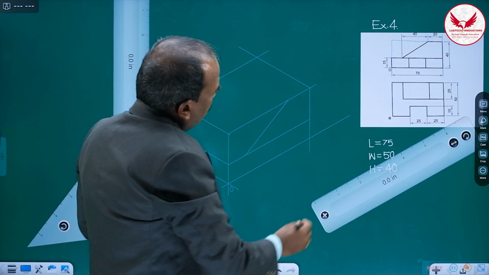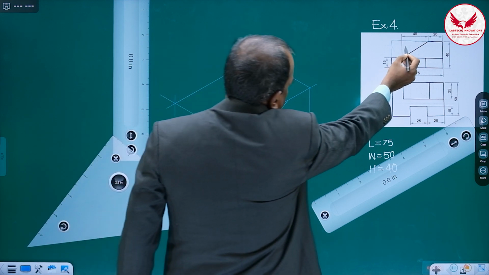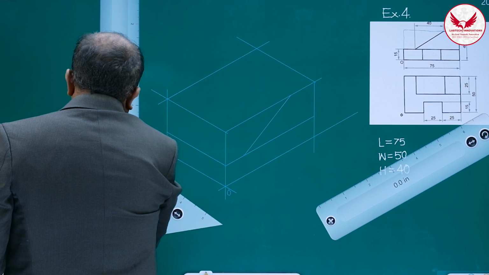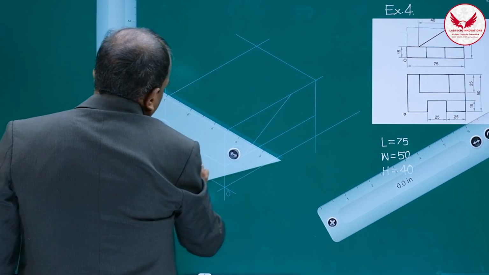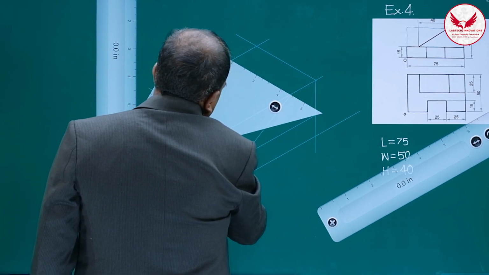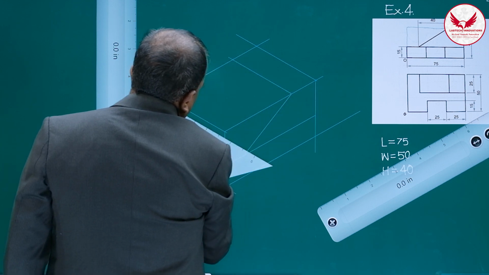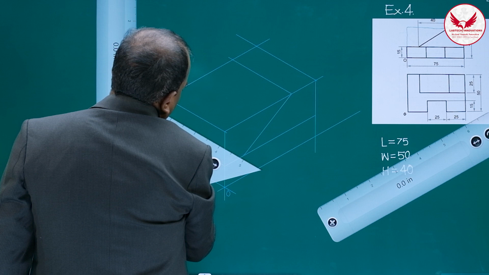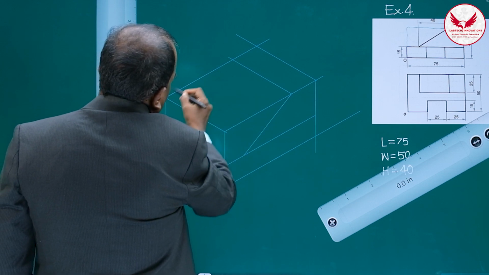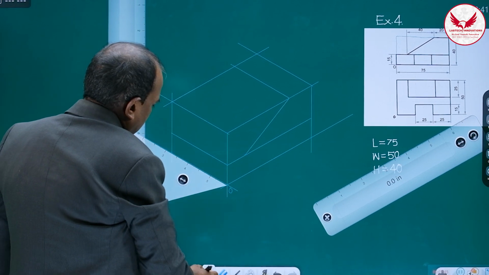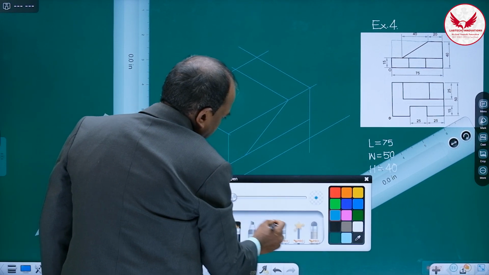Means from this box, whatever this portion is, it is not existing at all, so it can be removed completely like this. So whatever portion is above it, first you remove it. Then how can we remove it?